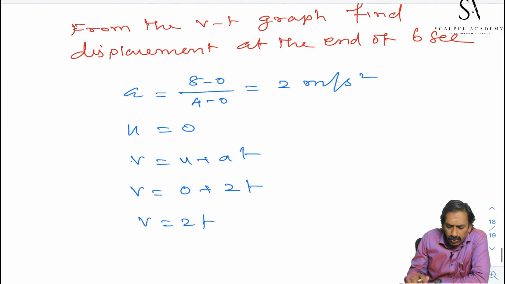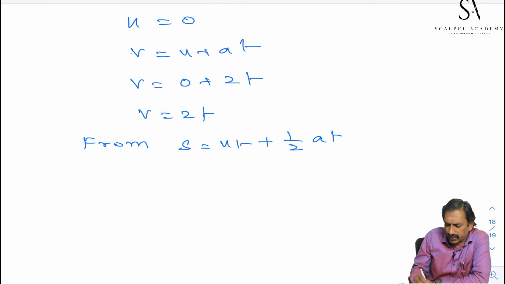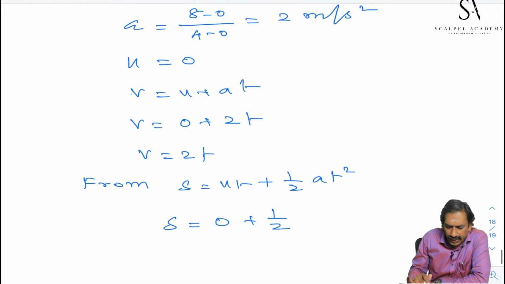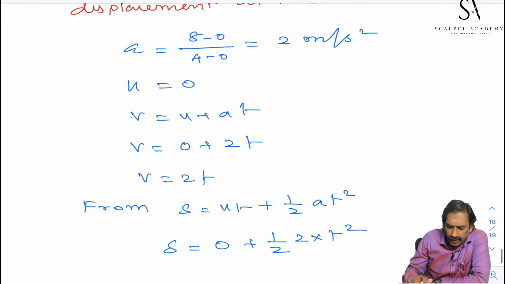But we have to calculate the displacement, and from the S is equal to ut plus half at square formula, initial velocity 0, half acceleration we found 2 into t square.